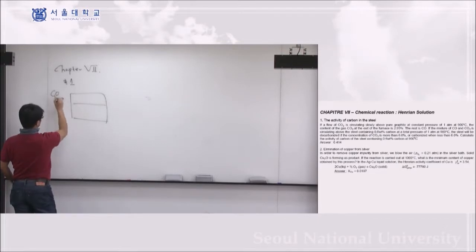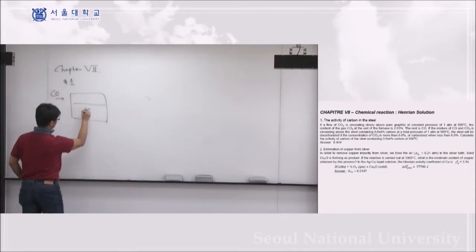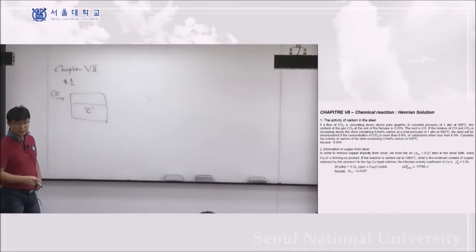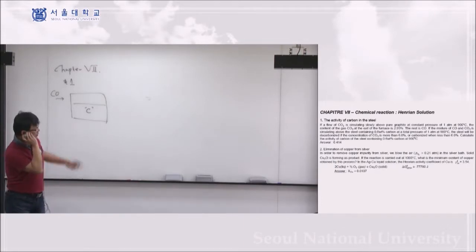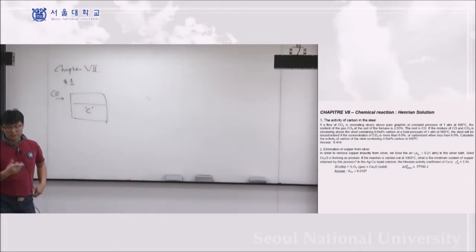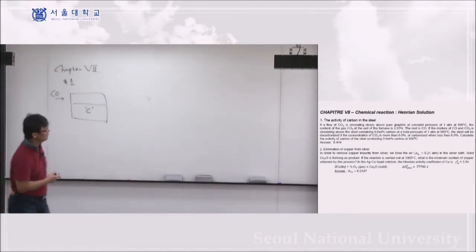So, in one case, CO2 gas is inserted, and this is pure graphite, solid. The melting temperature of graphite is about 3,000 degrees Celsius, so in most cases it is in the solid state.